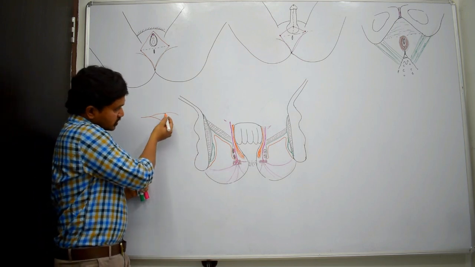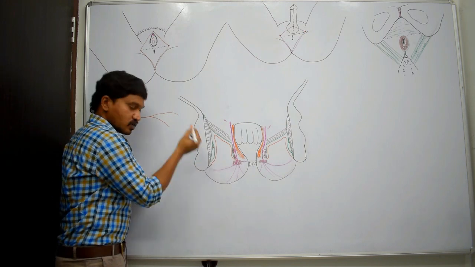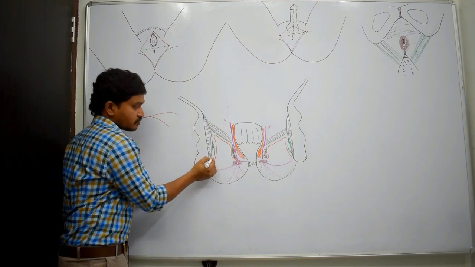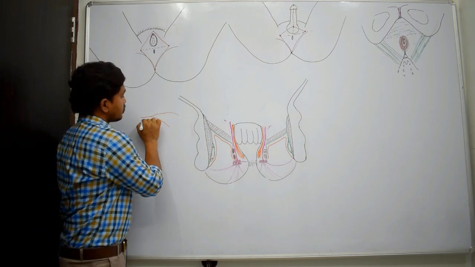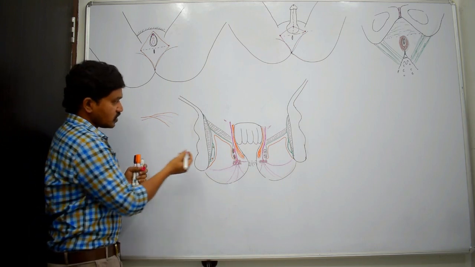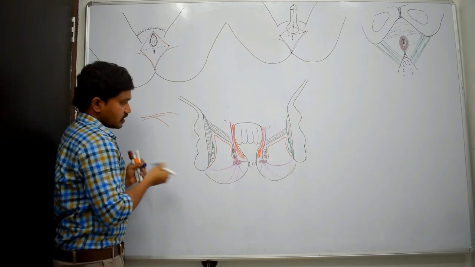The dorsal nerve of penis, or dorsal nerve of clitoris in case of females. In between these two structures, there will be passage of internal pudendal artery along with vein. So, here internal pudendal artery and here veins.